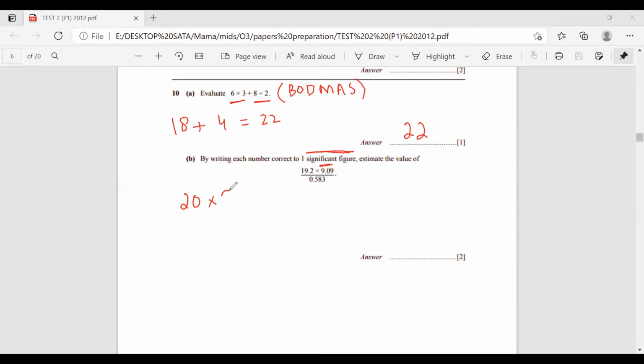Then divided by 0.58. 0 is not a significant figure, 5 is the first significant figure.